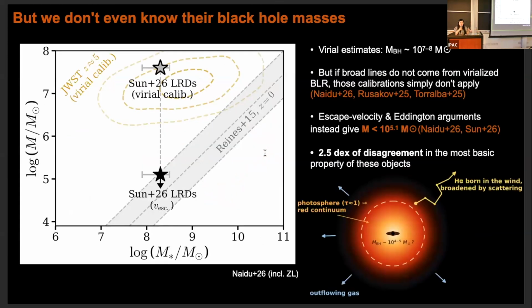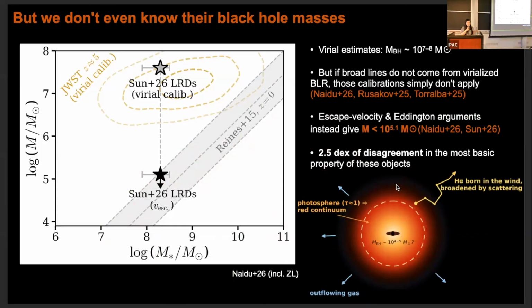However, this is the uncomfortable part: we might not actually know the black hole masses of the LRD. Well, the virial calibration is giving you a 10 to the 7 to 10 to the 8 solar mass black hole, but there is growing evidence that the LRD may not look like that, and it might instead look like this: a massive black hole, or maybe not a massive black hole, wrapped in a very dense envelope, and the broad H alpha emerges from scattering as the H alpha travels its way out of this envelope.